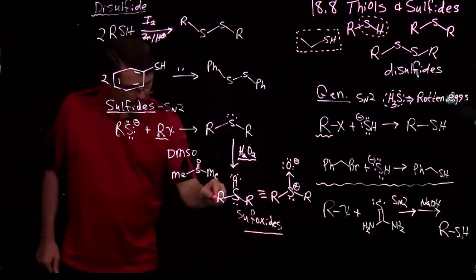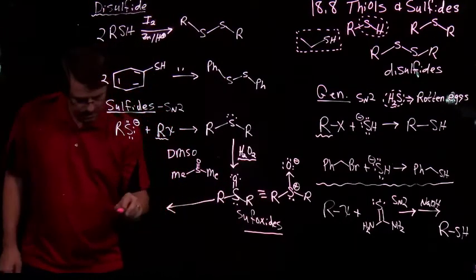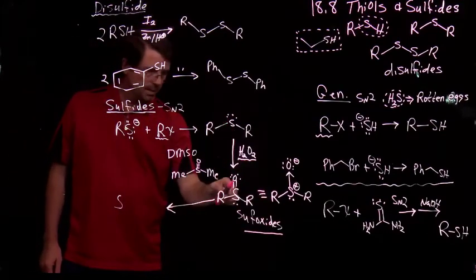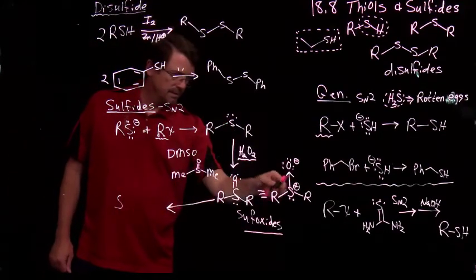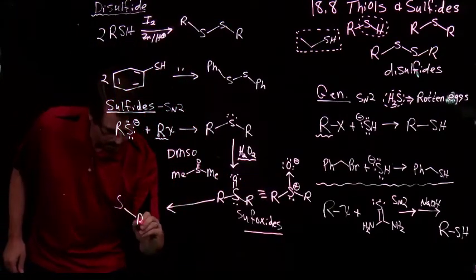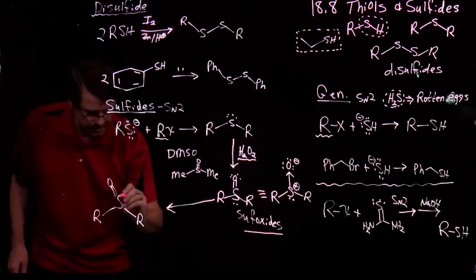Now we can go further to the sulfone. So we oxidized one of the lone pairs, right? Here's our dative bond form, and produce a sulfur with 2 oxygens.